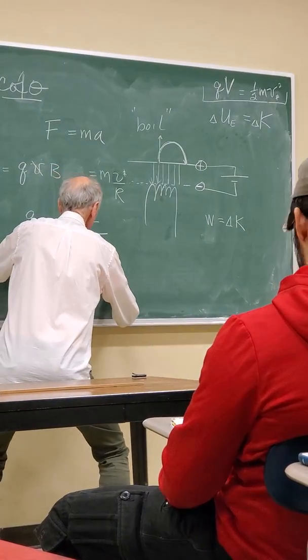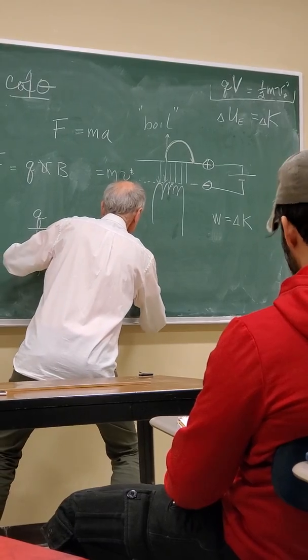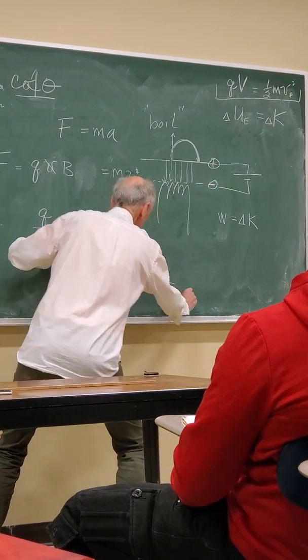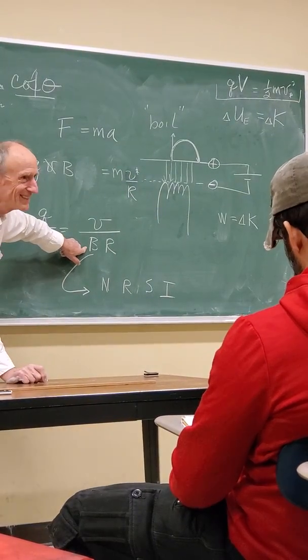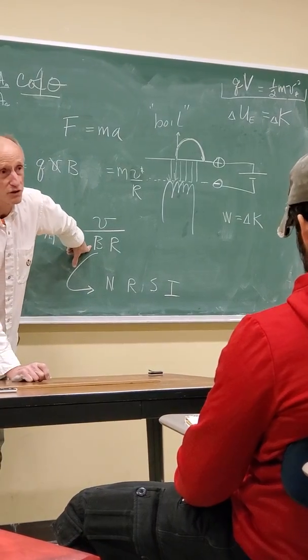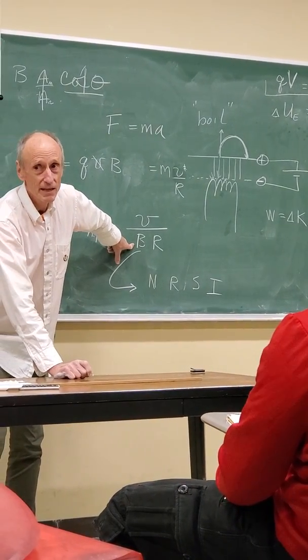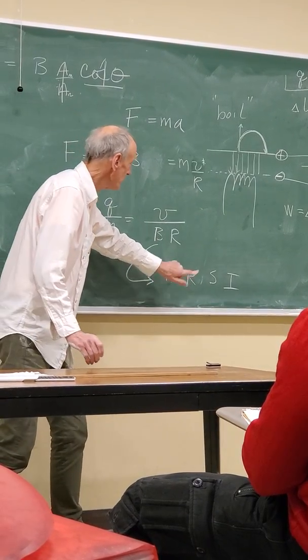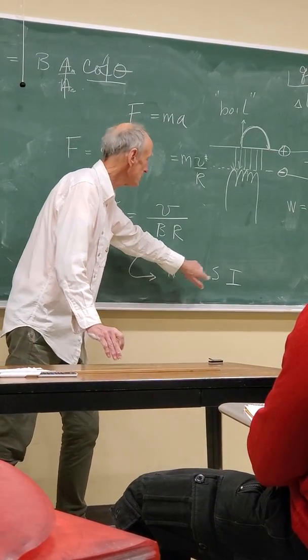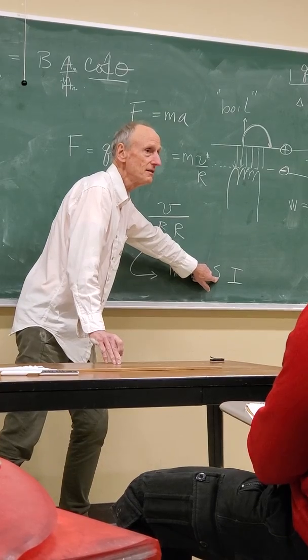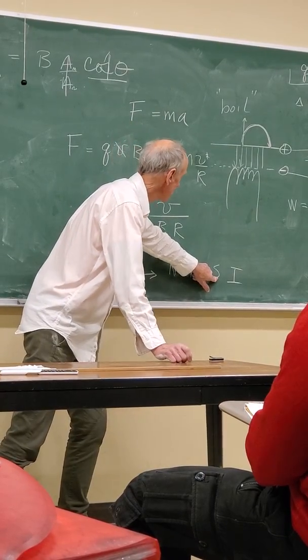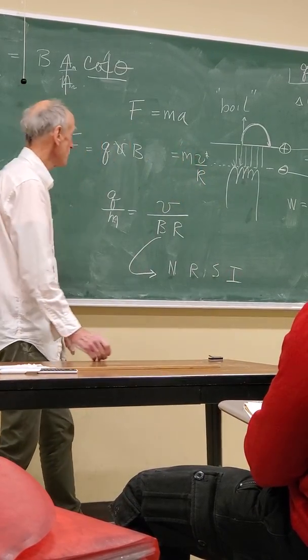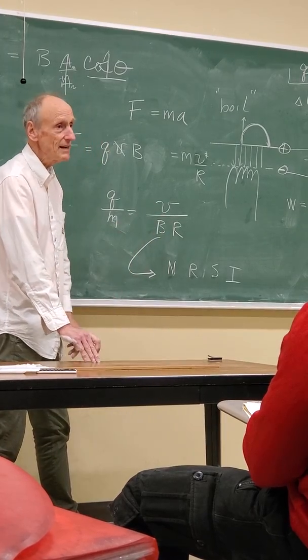We measured N, we measured R, we measured S, and we measured I, 4 things to get B. So that's what you were supposed to have listed in part F. The number of windings in the coil, the radius of the coils, the separation between the coils, and the current in the coils. That gives us B.